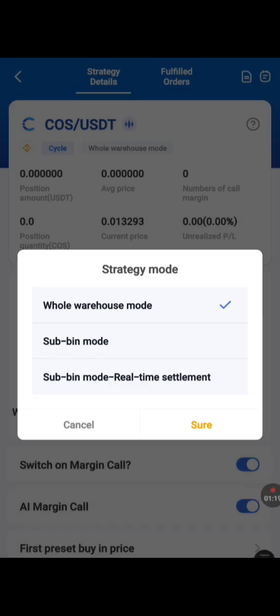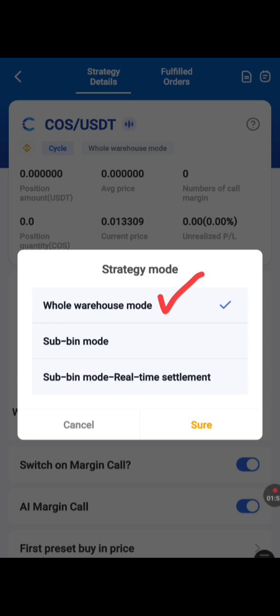The strategy mode, in simple terms, refers to how the robot allocates and manages your fund while trading for you in the cryptocurrency market. The first one being Whole warehouse mode, and the other one being the sub-bin.